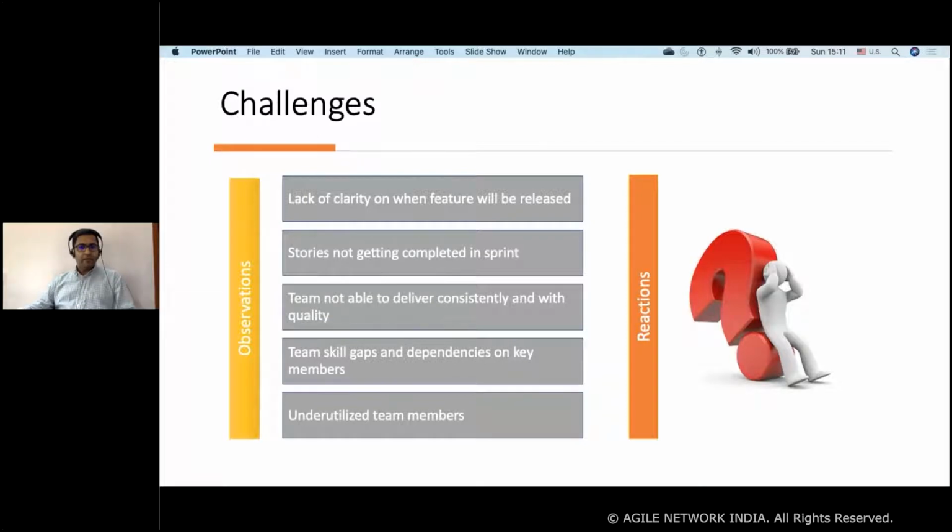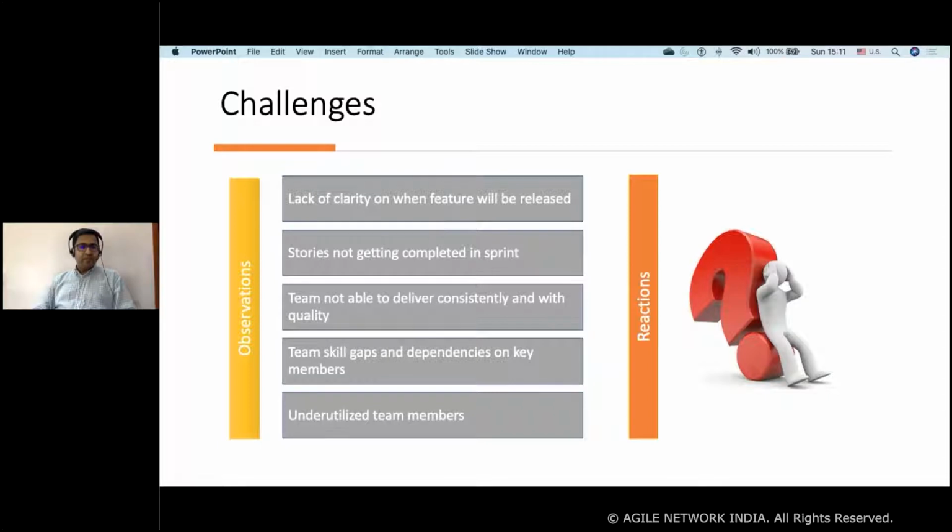And there will be dependency on some senior team members with the traditional way of working. So all those need to change. And there will be team members who are not effectively utilized, because of which some were overloaded and some were underutilized.